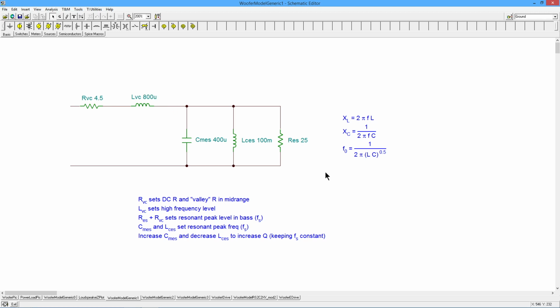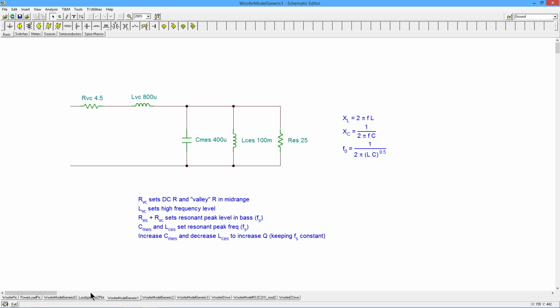Okay. Now, when we get over to the resonant peak, that base resonant peak, there's a bunch of things going on. The first thing is, if we look at just the L and C at resonance, theoretically that goes to infinity. So what caps that resistance value is this resistance here. Basically, the peak is the sum of RES and RVC.